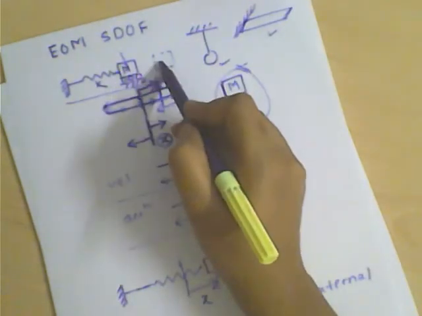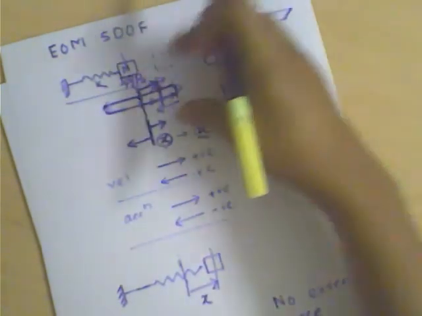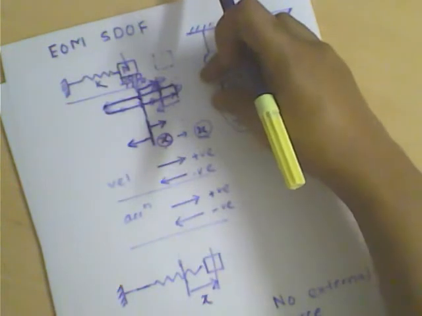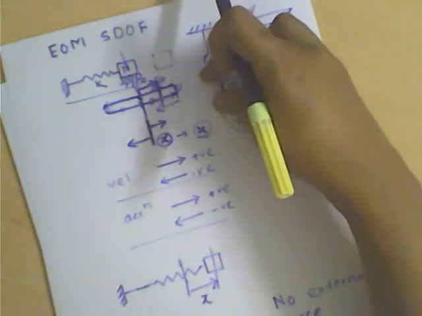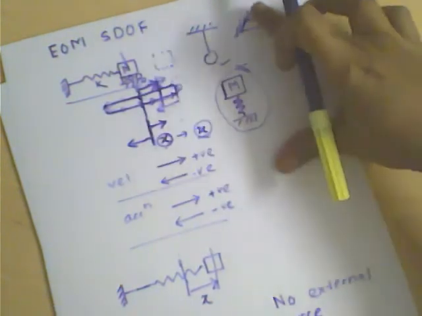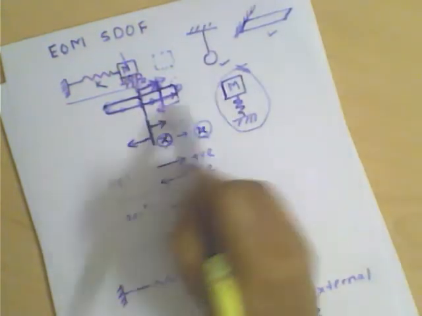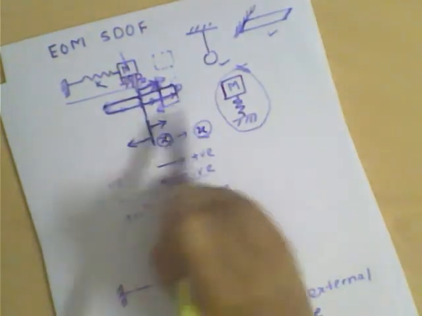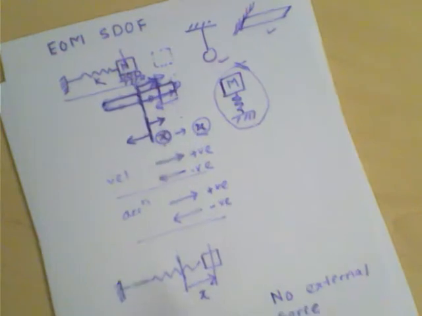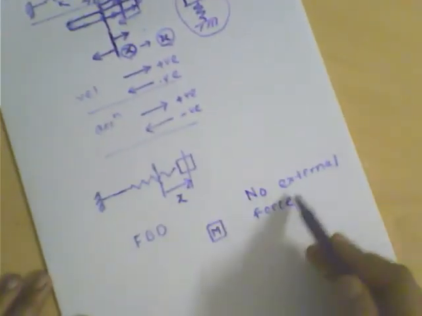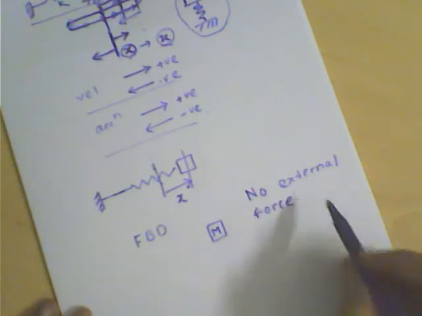As we have seen, in the beginning you pulled this mass at this end and left it. You pull it, and once it gets settled over there, you leave it and let it follow that oscillatory path. So what you are giving is the initial condition, but no external forcing is acting onto it.